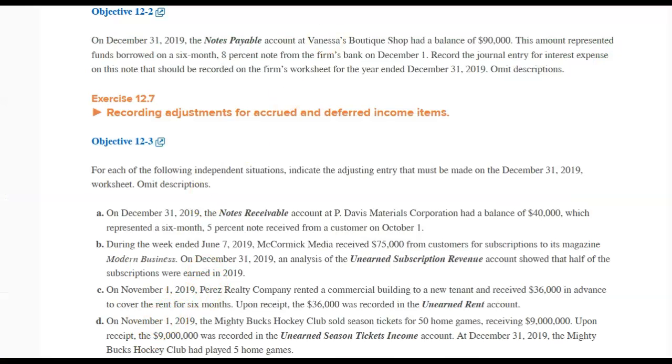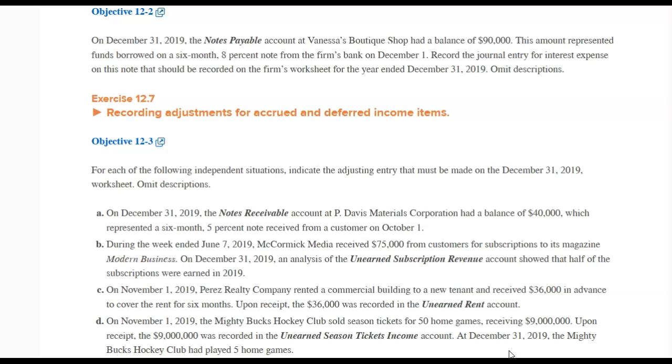And the last one. The Mighty Bucks Hockey Club sold tickets for 50 home games and received $9 million. Upon receipt, the $9 million was recorded in unearned season ticket income. Because the season hasn't started yet, it's unearned. At December 31, the Mighty Bucks had played 5 games, so how much money has been used?